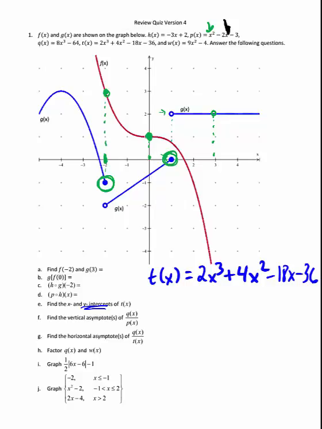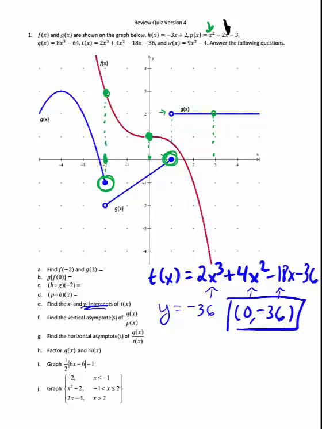With the y-intercept, we plug in 0 for all of our x values, and we just get that basically y equals negative 36. So we plugged in 0 for x, so that's 0, negative 36. And that's our y-intercept.